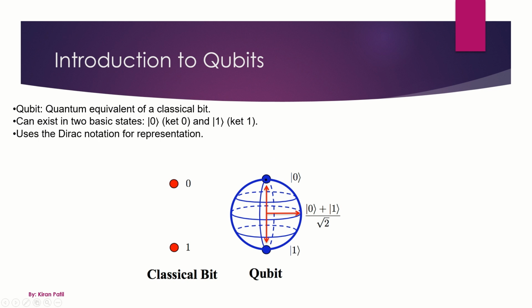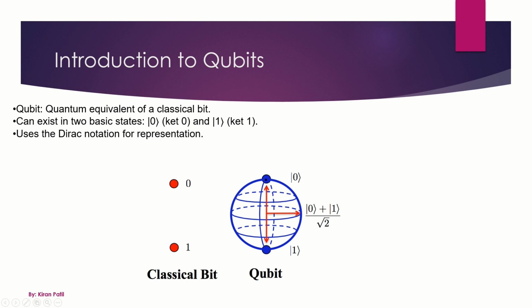Okay, so a qubit is the quantum equivalent of the classical bit. It can exist in two basic states. One basic state is ket 0, and the second basic state is ket 1. It can also exist in a combination of both states. The combination of both states is (ket 0 plus ket 1) divided by the square root of 2.